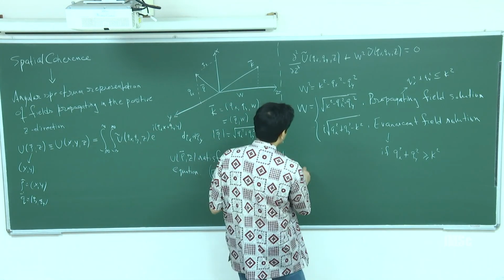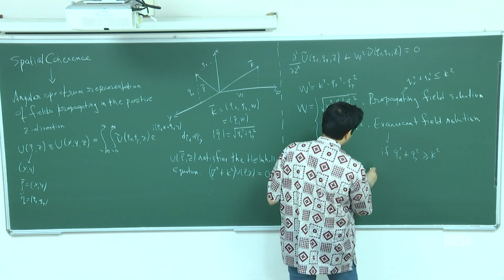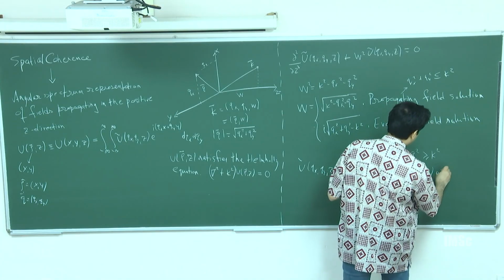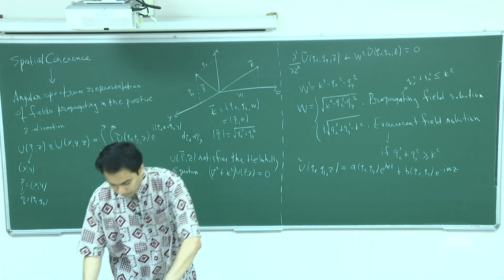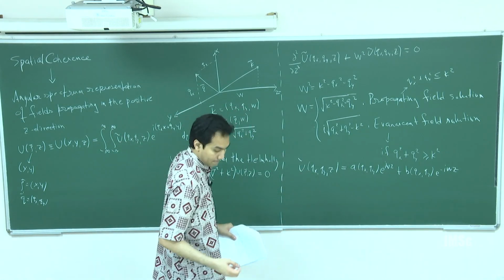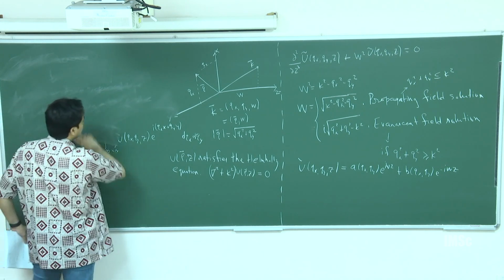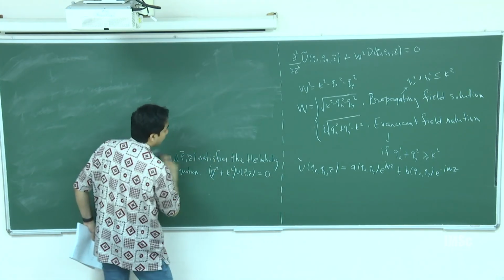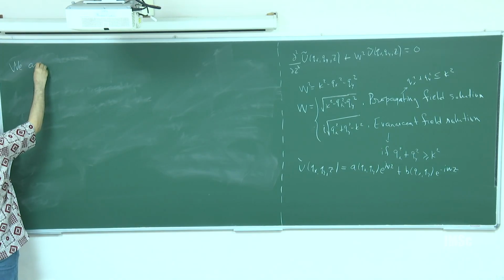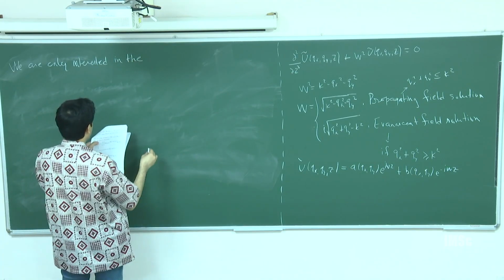So of course the general solution for U tilde is this. If we just consider the field traveling in the positive z direction, we are only interested in the field traveling in the positive z direction.